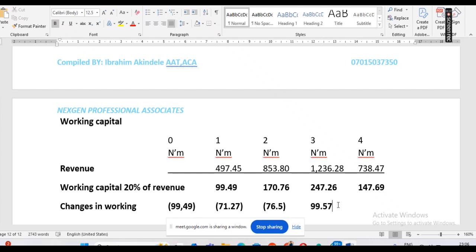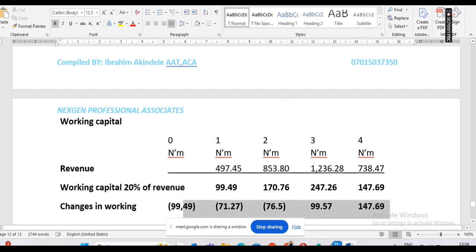So at the last year, 147.69 minus 0, you have 147.69, because at the end of the year you have to recoup your investment. And this is your working capital. This is what we will now put in our capital budget.